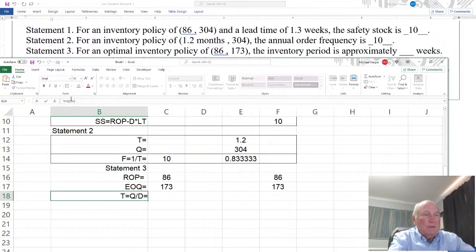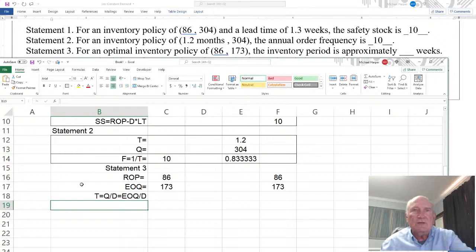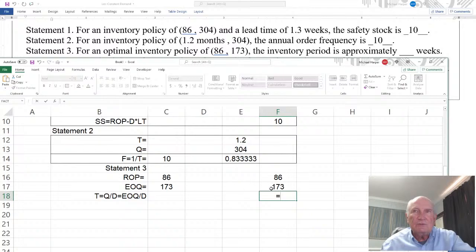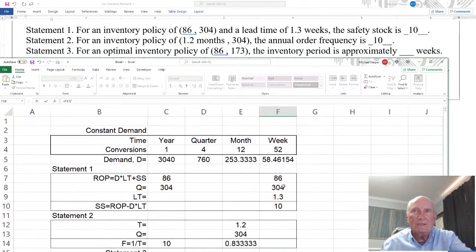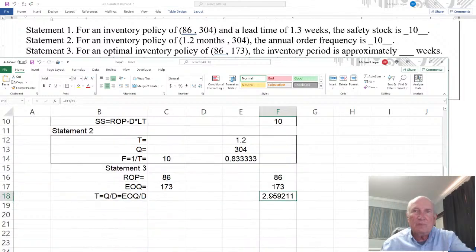But our Q is EOQ, over D, okay? And so let's come over here. That's going to equal EOQ, which is 173, divided by D. And that D is going to be in weeks. Divide that by demand per week. And that's going to be approximately 3.